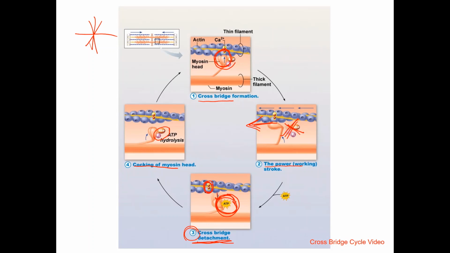But you can't detach a cross bridge because what you're not making when you're dead is ATP. So that cross bridge can't detach. And so you form this cross bridge and your sarcomeres get stuck in this position. Okay, you cannot detach that cross bridge. So this is how your muscles get stuck in a position.